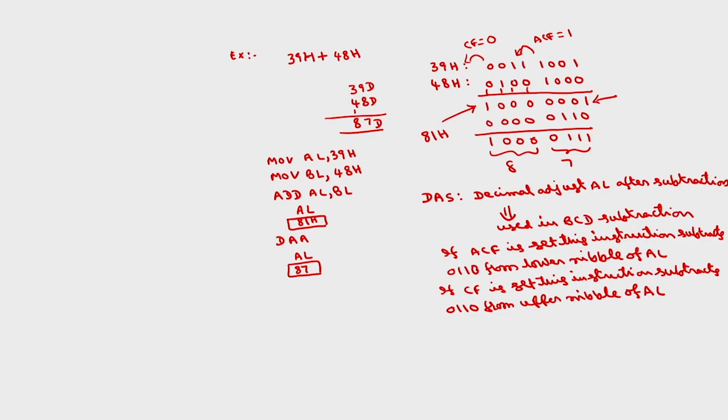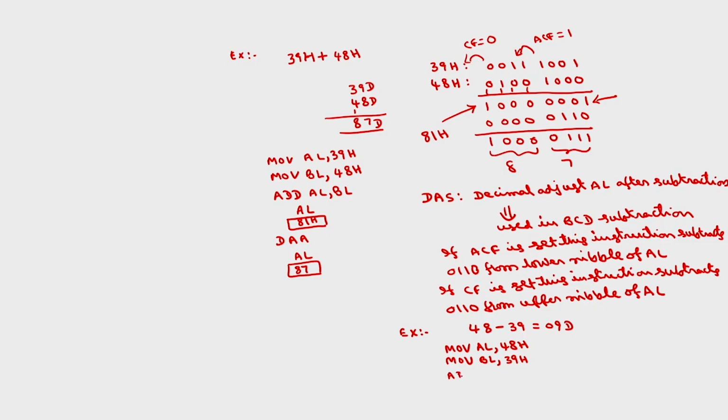If I take an example here also, the same numbers, 48 minus 39, where I want to perform decimal or BCD subtraction, what is expected is 9 decimal. But if I give these values, MOV AL, 48, it will take it as hexadecimal by default. MOV BL, 39, it will also take by default as hexadecimal.